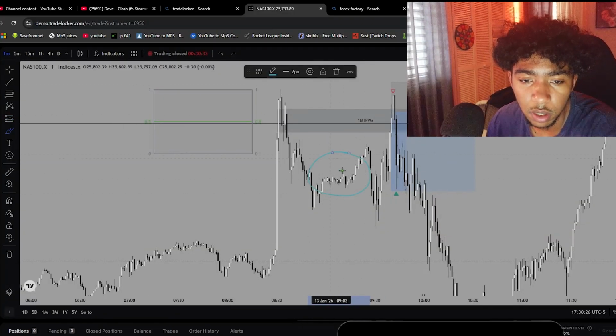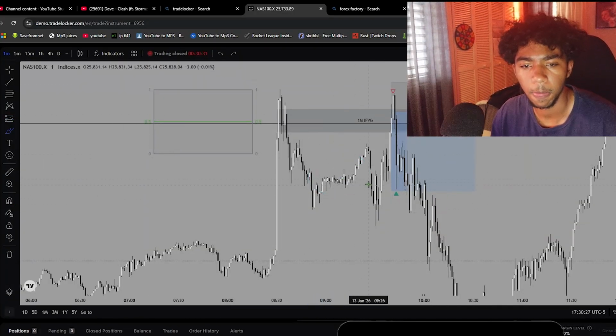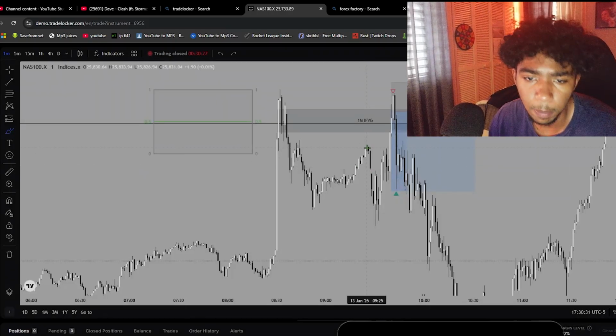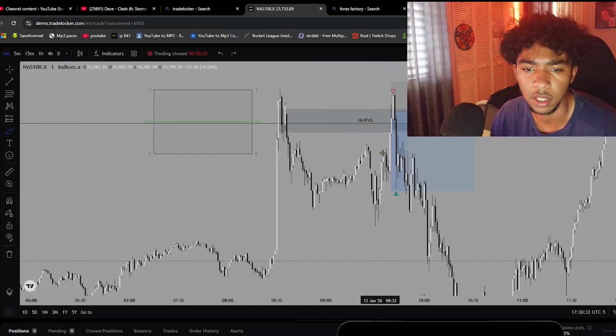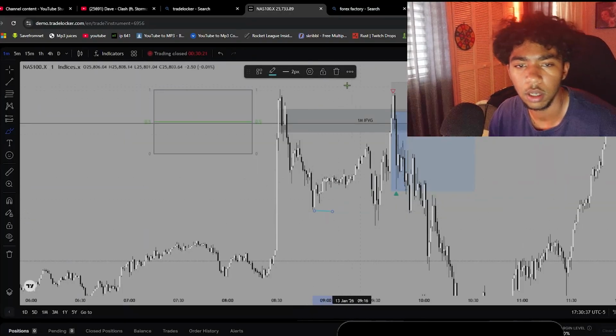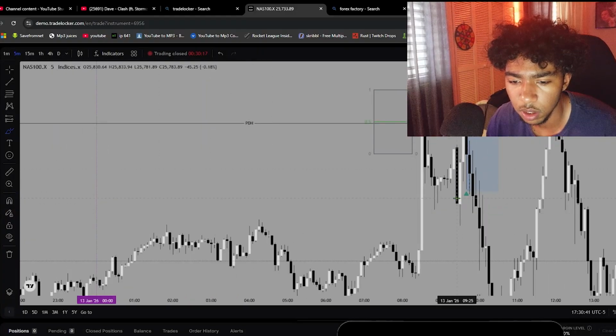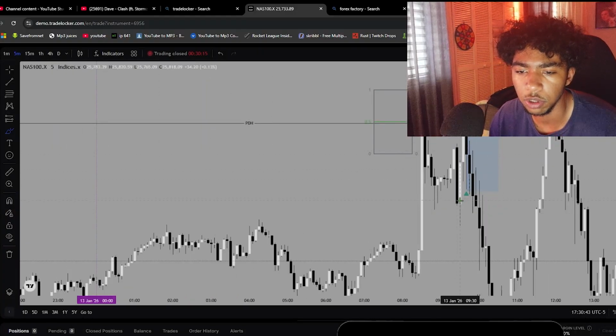You can see price is accumulating right here, and that is just a couple minutes before market opens. Price makes this push down. This is on the 1 minute time frame. Price makes a good push down, sweeping these lows here. Go back on the 5 minute. Price opens. So we had this distribution after the accumulation, and at 9:30 we came down with these lows, continued up.